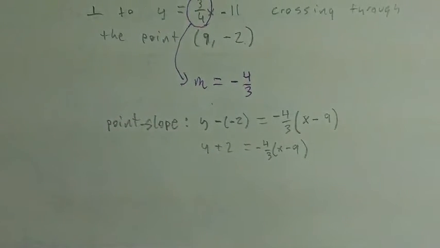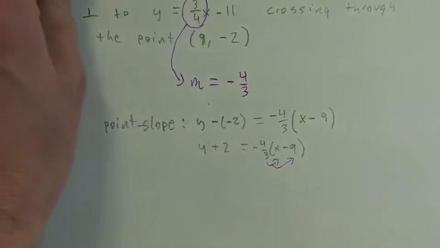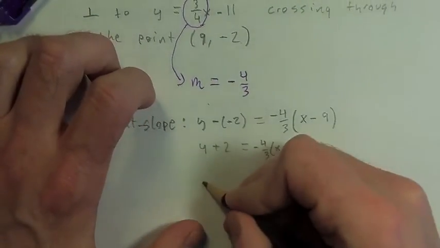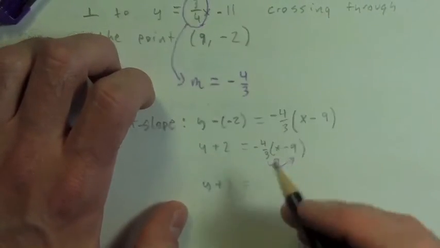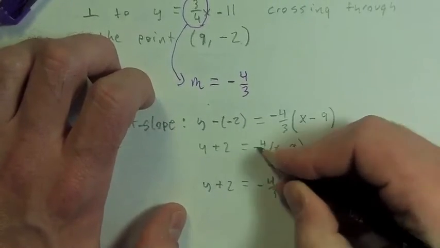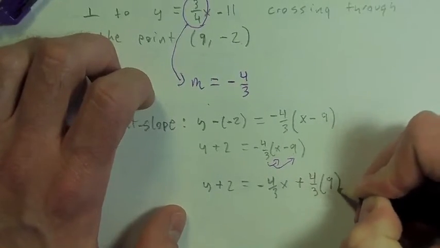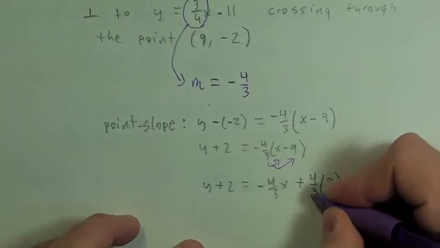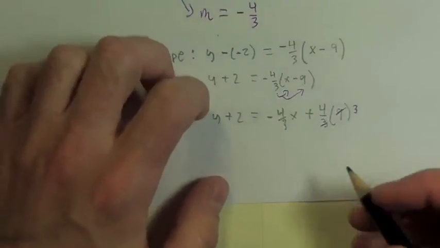And to get down to slope-intercept form, again we solve for y, so we'll distribute that -4/3. So the left-hand side won't change. We'll have y plus 2 is equal to now -4/3 x. The negative and negative give us a positive 4/3 times 9. So the 3's cancel here and leave us with a 3 up top, thankfully. Glad we got rid of our fractions there.